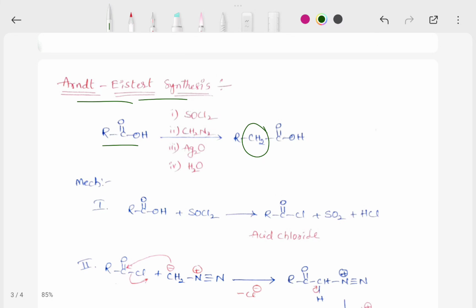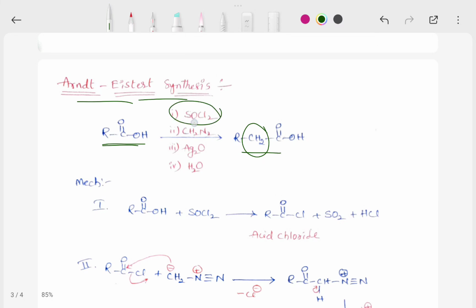What is happening in this reaction? First, carboxylic acids are converted into acid chlorides by reacting with thionyl chloride.